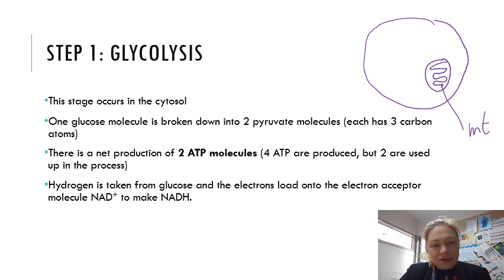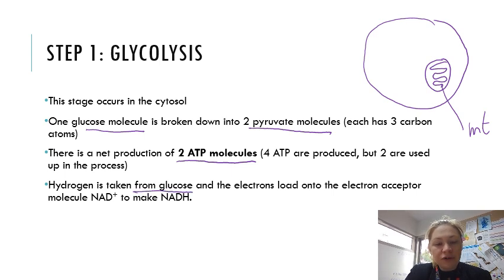When we do this process of glycolysis, one single glucose molecule is broken down into 2 pyruvate molecules, which is a 3-carbon molecule. We produce 2 molecules of ATP, and hydrogen gets taken from the glucose and transferred to an electron acceptor molecule that we call NAD. And in doing that, NAD ends up making a molecule NADH.